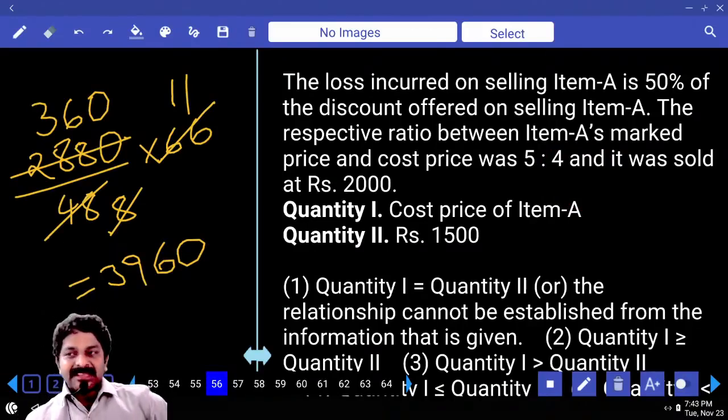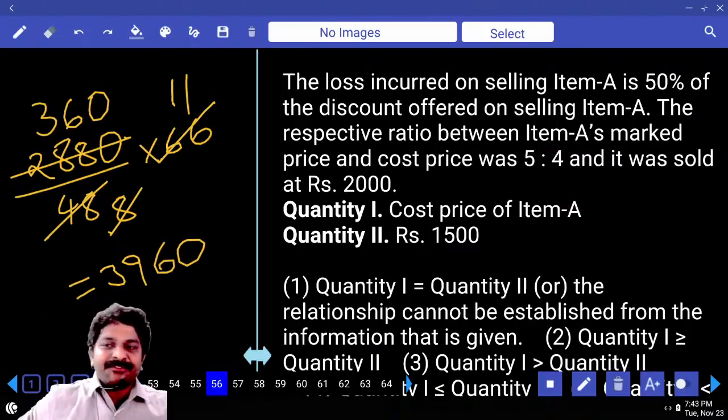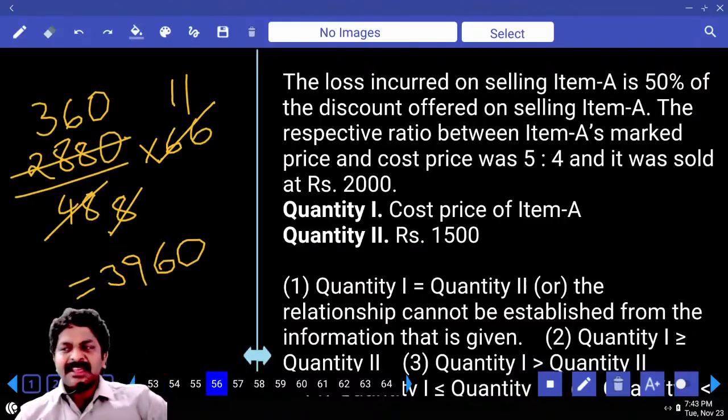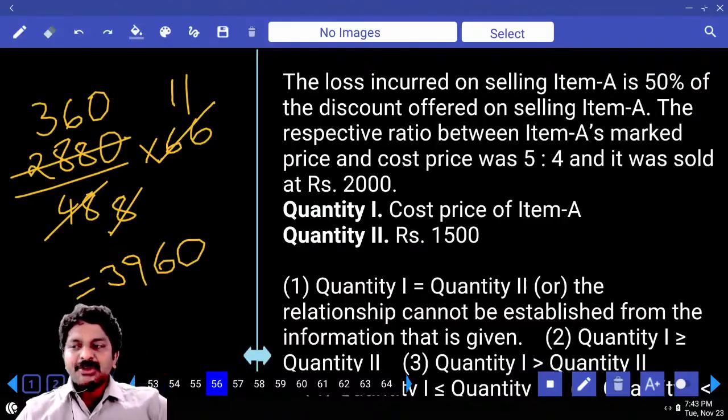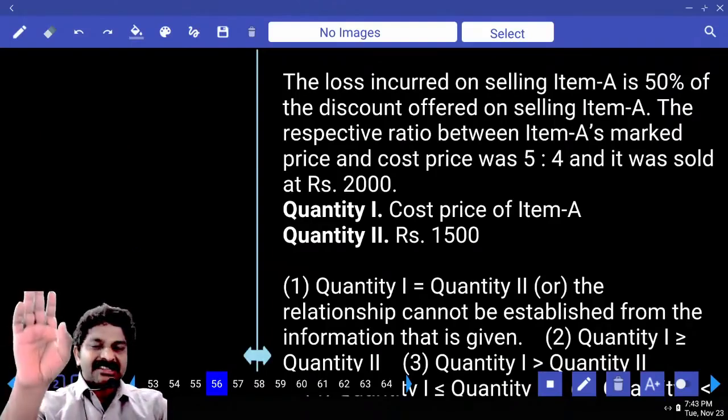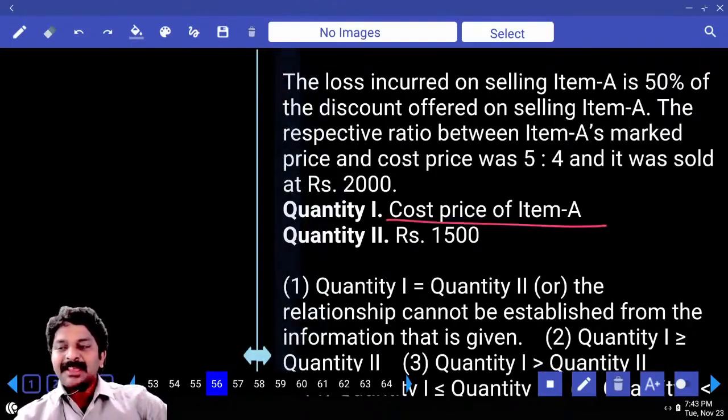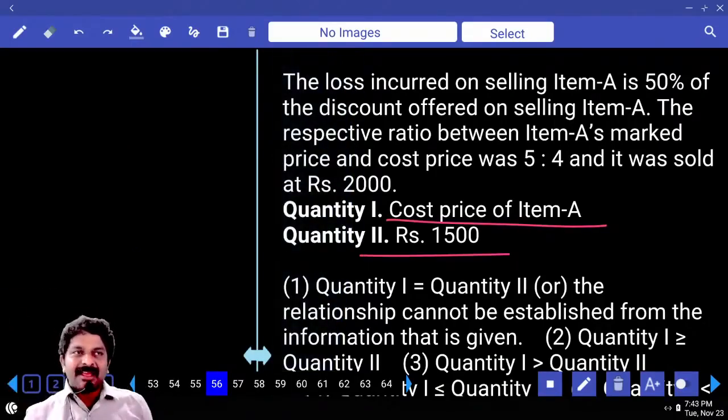Come on. The loss incurred on selling item A is 50% of the discount offered on selling item A. The respective ratio between item A market price and cost price was 5:4 and it was sold for 2000. Okay, just remember the data. Cost price of item A is Q1 and Q2 is already given as 1500. Okay, right. It is about just a comparison, right?